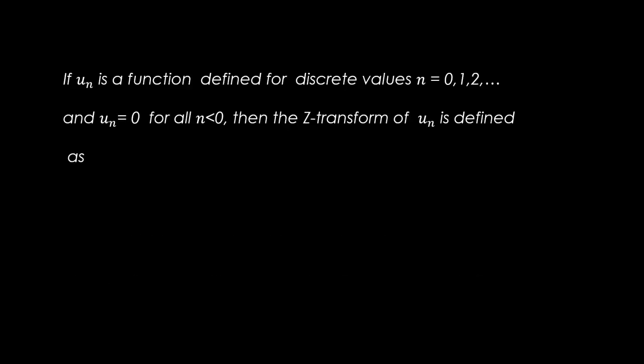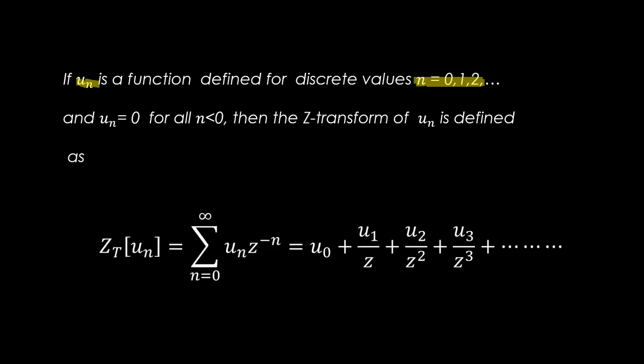Z transform of a function is defined as: given a function u_n for the discrete values of n, Z transform of u_n is summation u_n z to the power minus n, where n is running from 0 to infinity, which is a function of z.